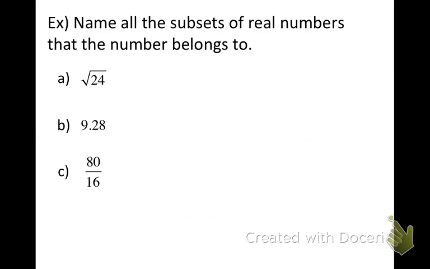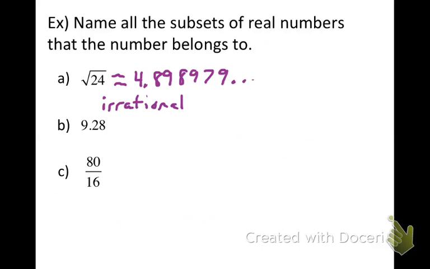It's going to be about 4.898979. Now, it looks like there's a little bit of a pattern here, but there's really not, because when it changes later on, that's a non-terminating decimal with no pattern, and that is always your indication that you have an irrational number, and that's the answer for that particular thing. That's the only subset of the real numbers that the square root of 24 belongs to.